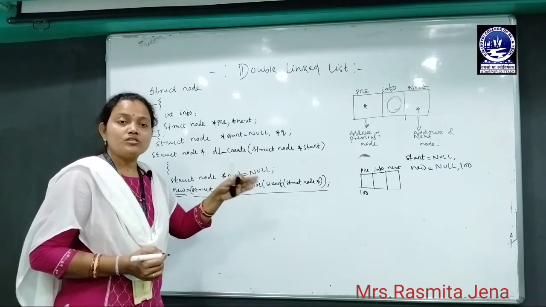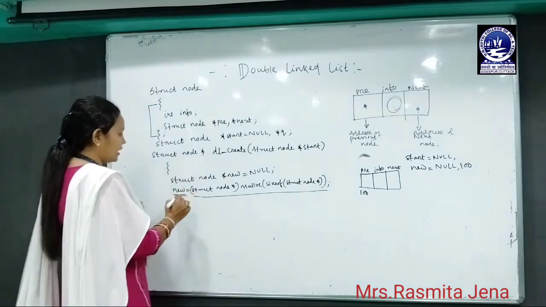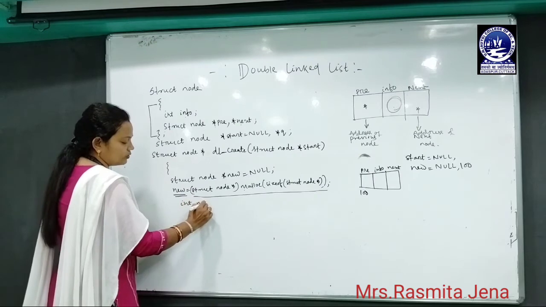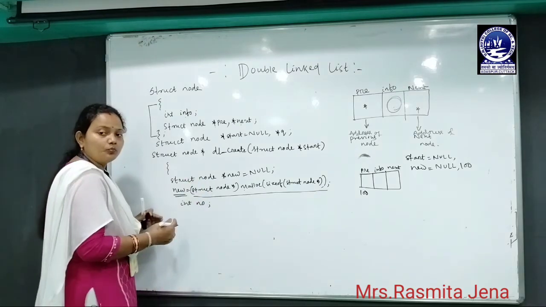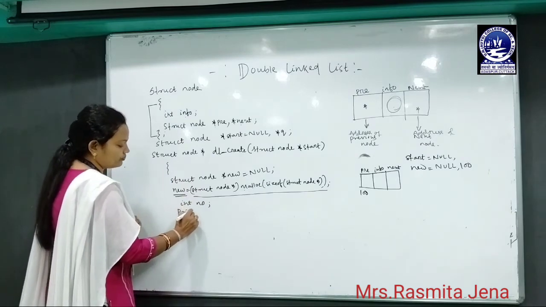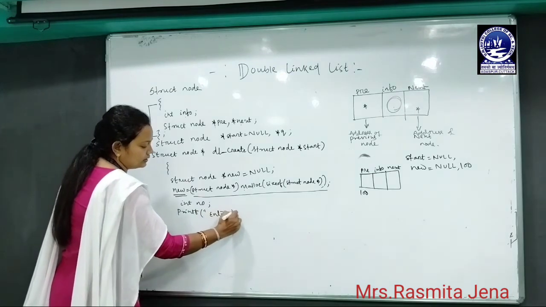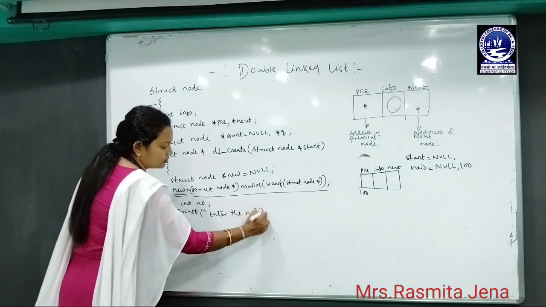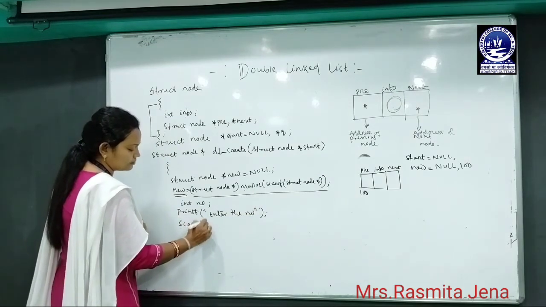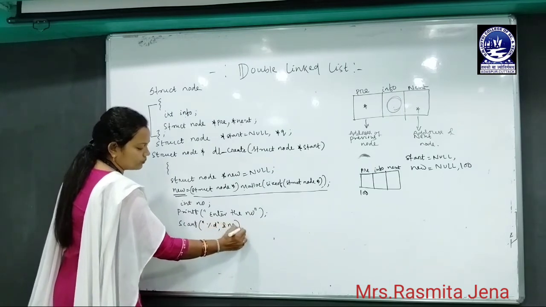Next we will input the number which will be stored at the info part of the node whose address is held by new. For that I can declare an integer type variable, suppose int no. Now I have to input the value for the variable no. So I can write printf enter the number, then scanf %d &no.